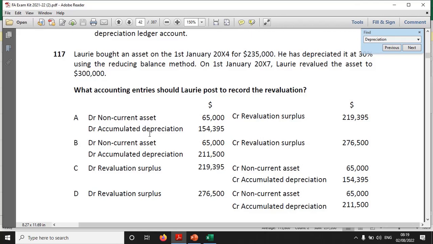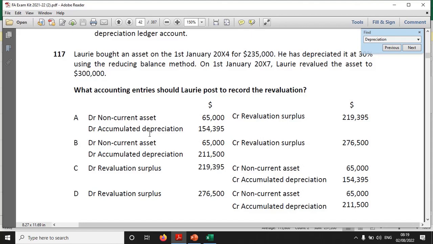How many years, brother, do we have between X4 January and X7 January? I want you to know that 1st January X7 is as good as the last date of X6. So don't count it that way. If you're going to count it that way, you're going to make a mistake.